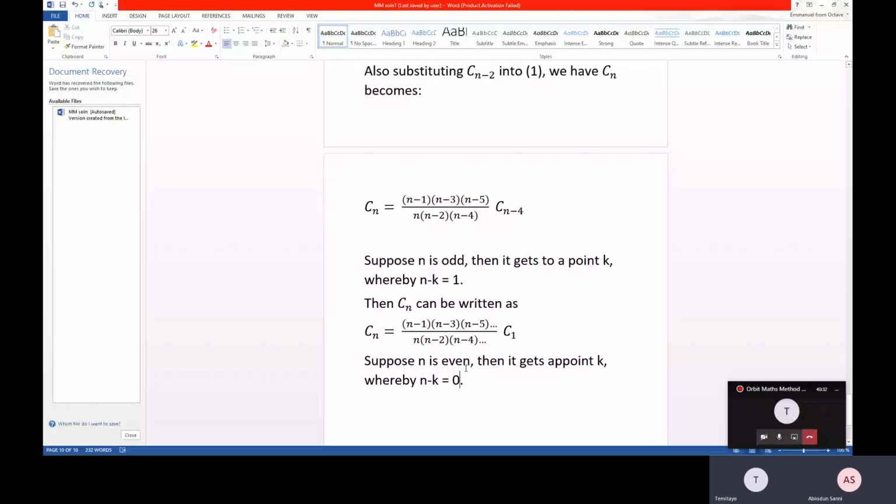So now, how do we evaluate C1 and C0? C0 for both cases.